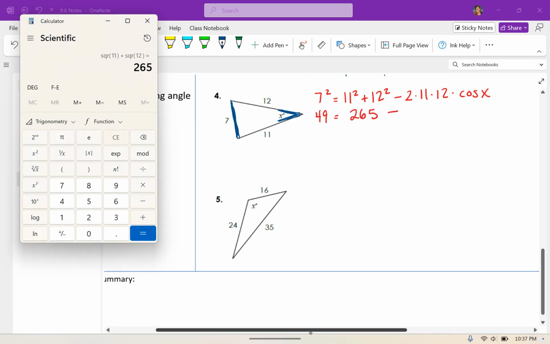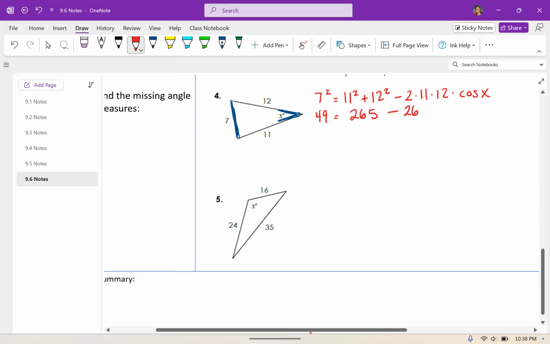And 2 times 11 times 12 is 264 times cosine of x.